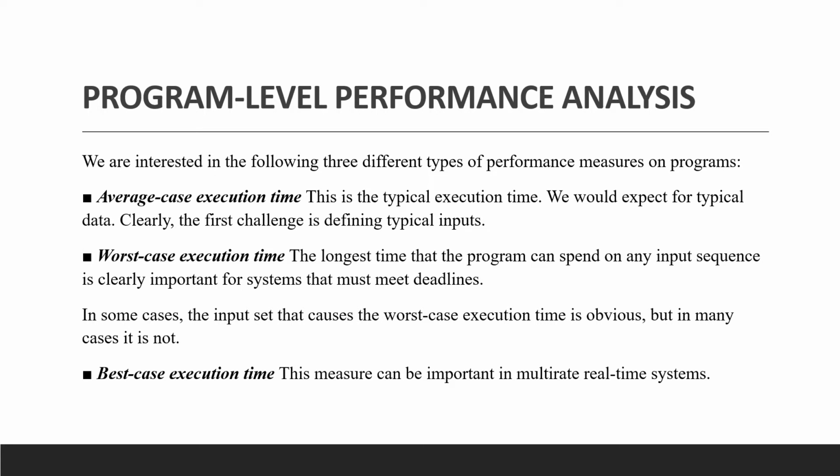Worst case execution time: the longest time the program can spend on any input sequence is clearly important for a system that must meet deadlines. In some cases the input set that causes the worst case execution time is obvious, but in many cases it is not. Best case execution time: this measure can be important in multi-rate real-time systems.